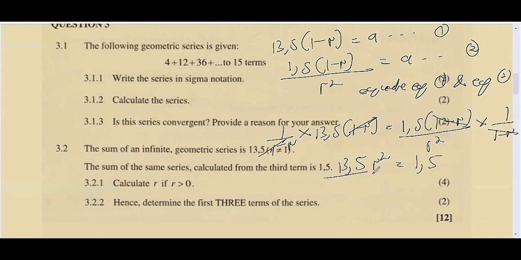Now at this point, divide both sides by 13.5. So we have 1.5 divided by 13.5. That's equal to r squared is equal to 1 over 9, right? Now we know in order to calculate r, we must get rid of this square by putting a square root on both sides, right? So it's a square root. Let me take off the 2 there.